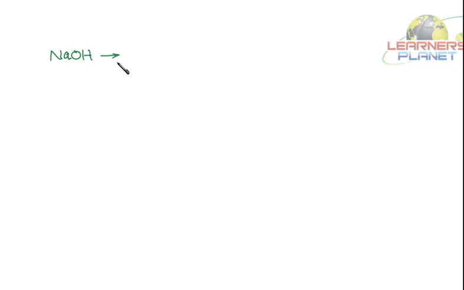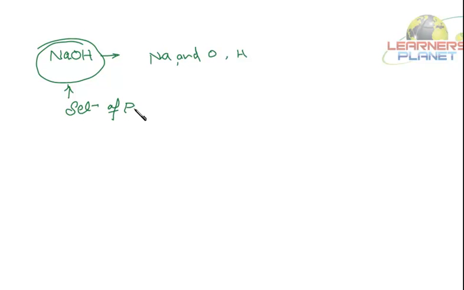NaOH. Sodium, oxygen and hydrogen combine and form a new compound, that is sodium hydroxide. Now it has its own set of properties, altogether different from the properties of sodium, oxygen and hydrogen.